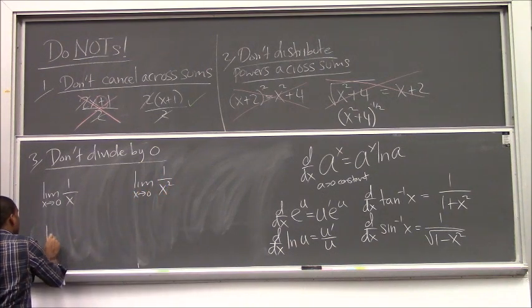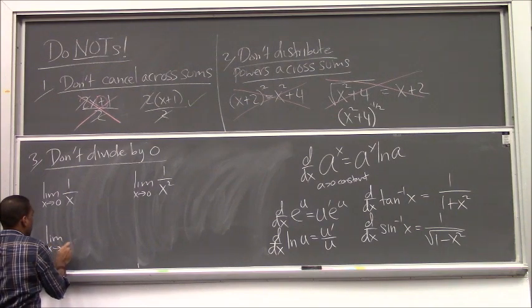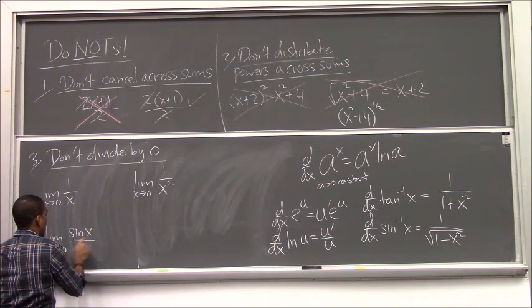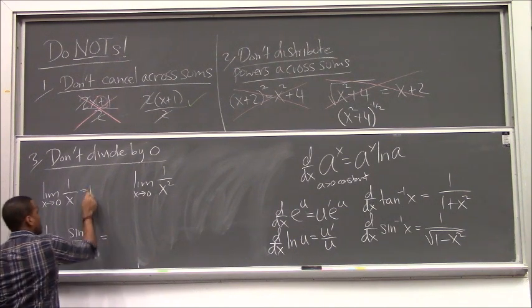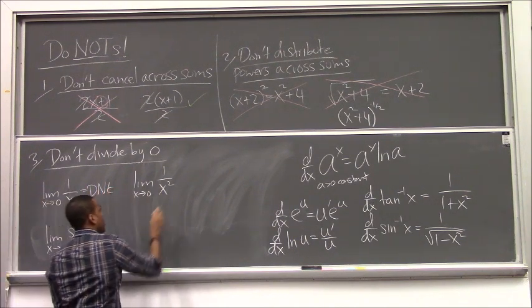But in a limit, you never actually divide by 0. You just get close to dividing by 0, right? You're approaching 0. What is this one? No. This does not exist. What is this one?